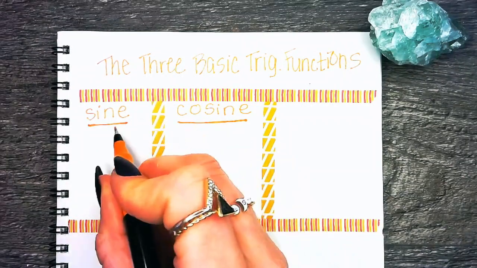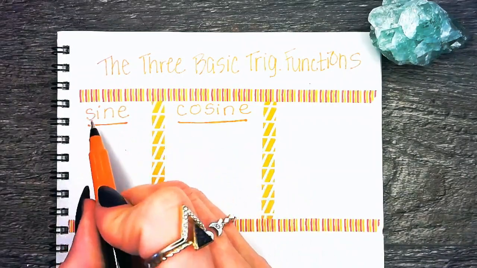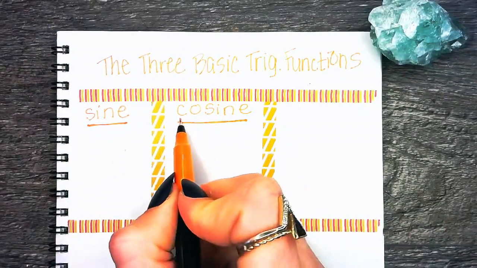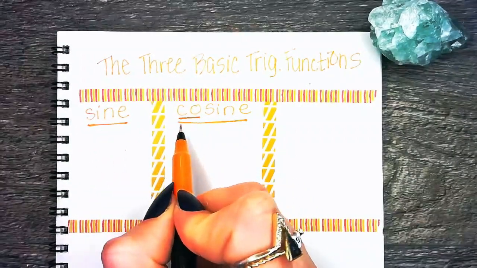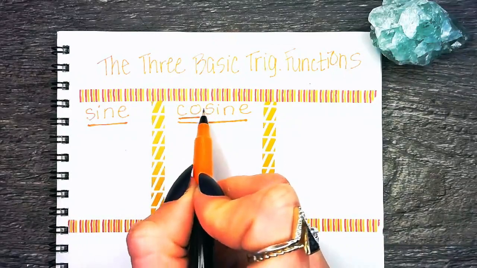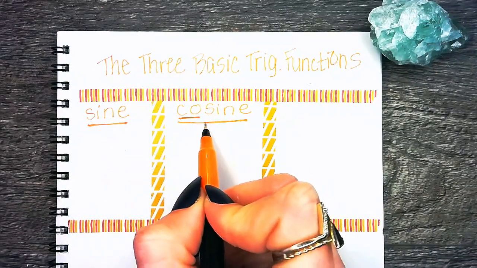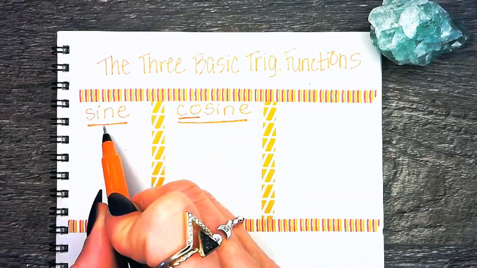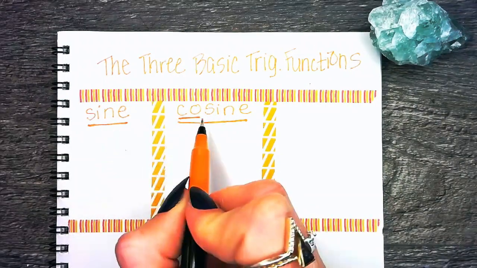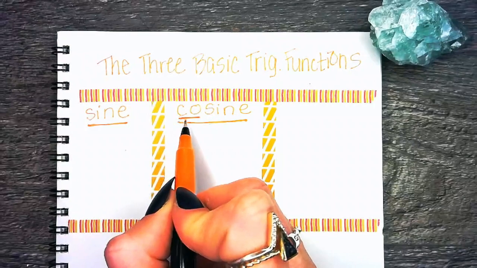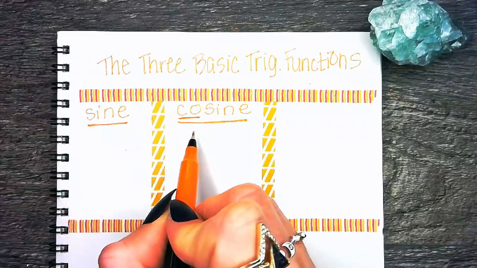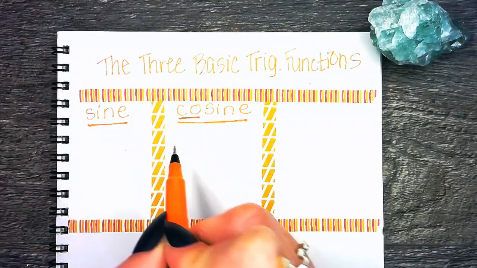So there is a reason behind the fact that we have the word sine and then we have the cosine. So this is going to be related to sine in the sense that they are what we call a cofunction, and in the sense that there is a relationship with their complementary angles, but one thing at a time.